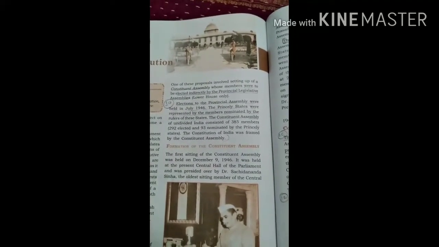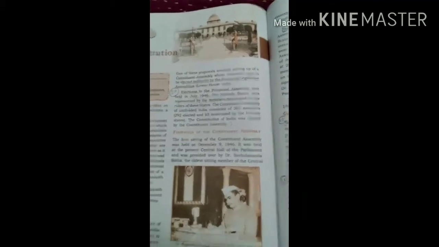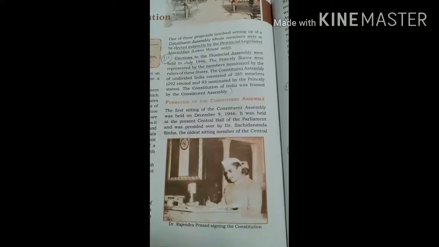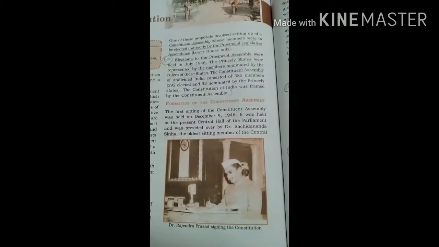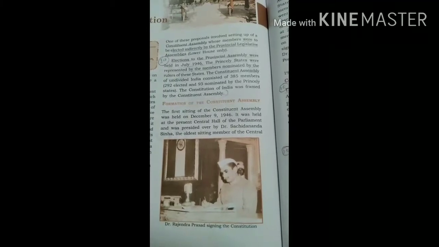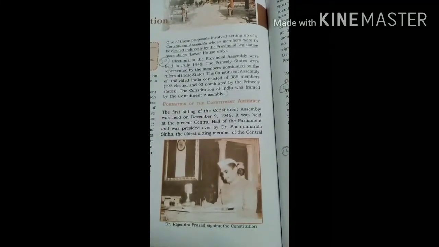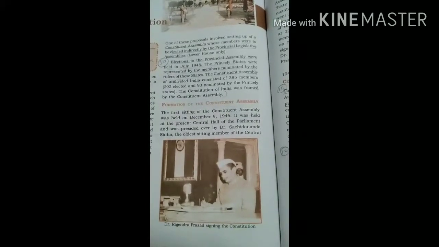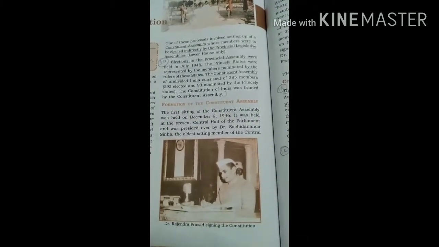Now, formation of the Constituent Assembly. The first sitting of the Constituent Assembly was held on December 9, 1946. It was held at the present Central Hall of Parliament and was presided over by Dr. Sachidanand Sinha.